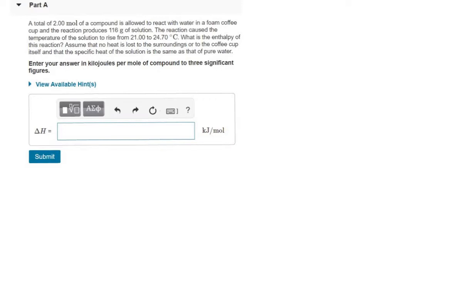Assume that no heat is lost to the surroundings or the coffee cup itself, and the specific heat of the solution is the same as that of pure water.